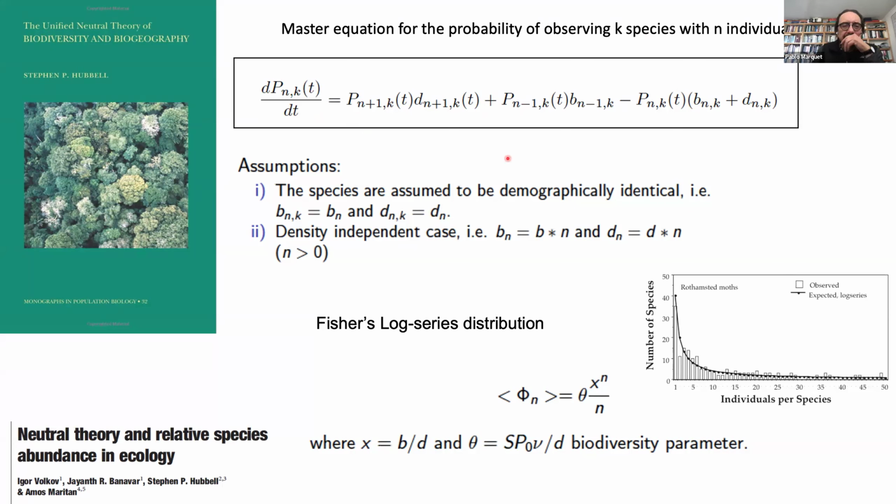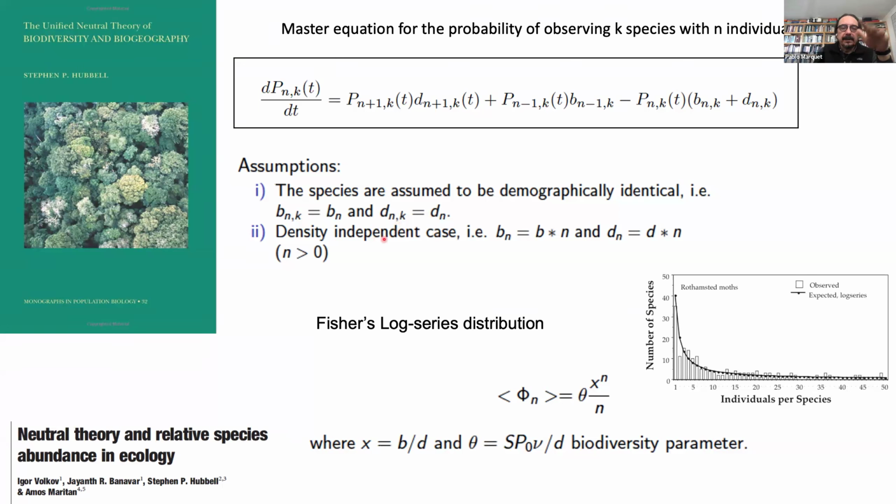So then he made the neutral assumption. He said, well, let's assume that all our species are demographically identical, so B and D for species k then translate just to be Bn and Dn, and you lose the identifier for a species.